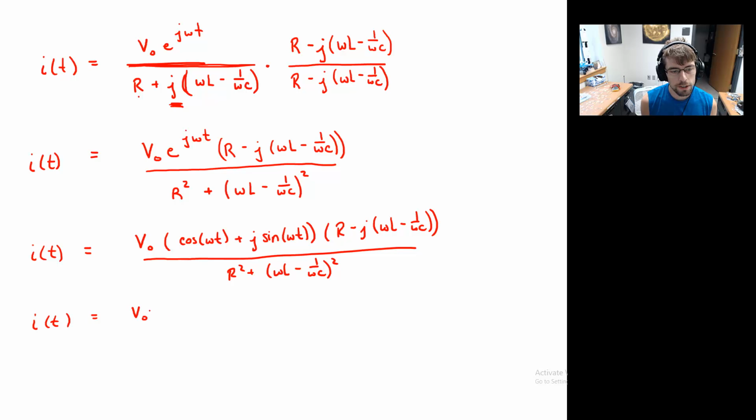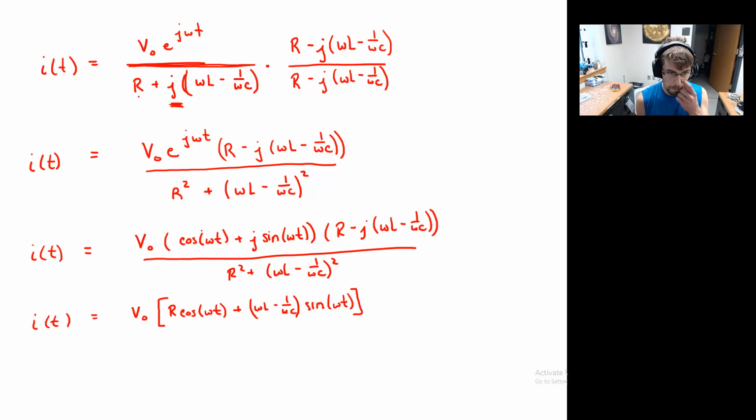You get V naught, R cosine of omega t. And then I have positive, negative, so I get a positive omega L minus 1 over omega C sine of omega t. So there's my real part. Then what do I have added onto that?